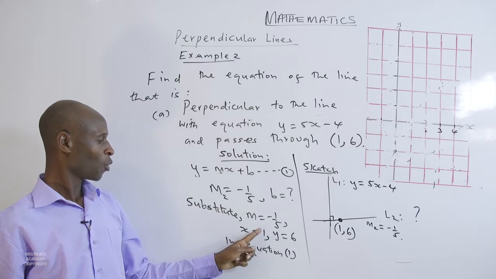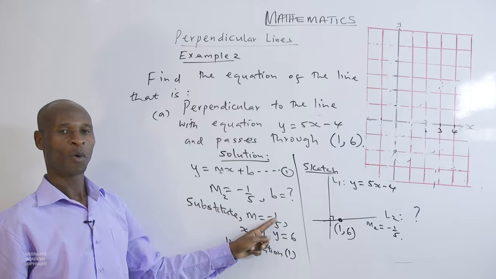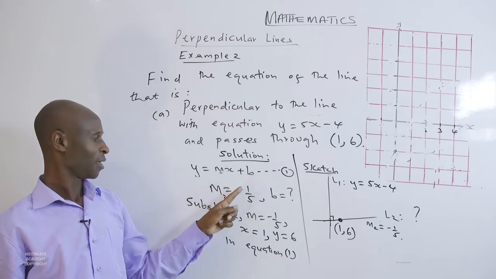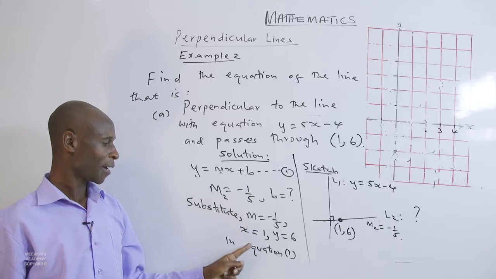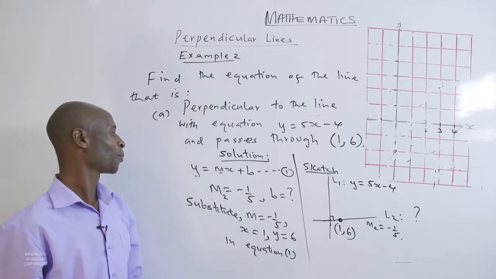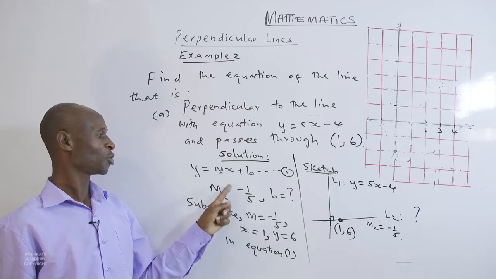Where there is m, we put there -1 over 5, which is the gradient. Then where there is y, we put there 6, which is the point where the line is passing through. Then where there is x, we put 1.